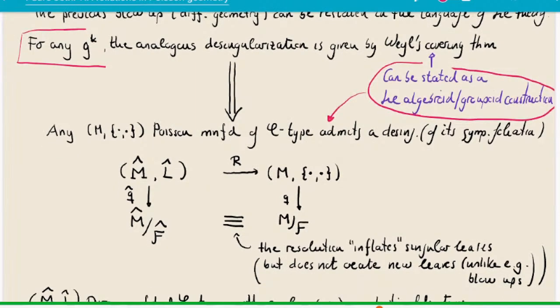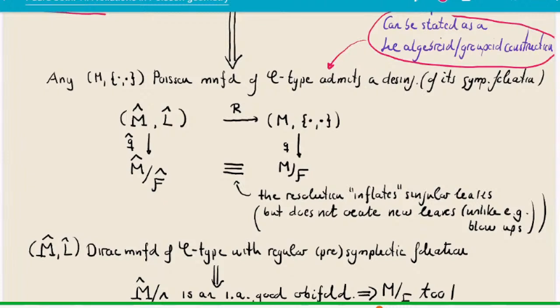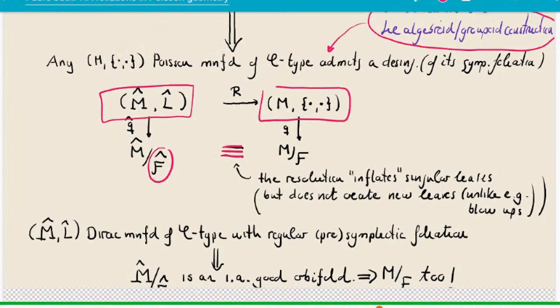Now, if that Lie groupoid is good enough, it has C-type, what you're doing basically is desingularizing its singular foliation. So again, we have this Poisson manifold, we desingularize it, we produce a foliation which is regular, and we're not changing the leaf space, we're appropriately inflating singular leaves.